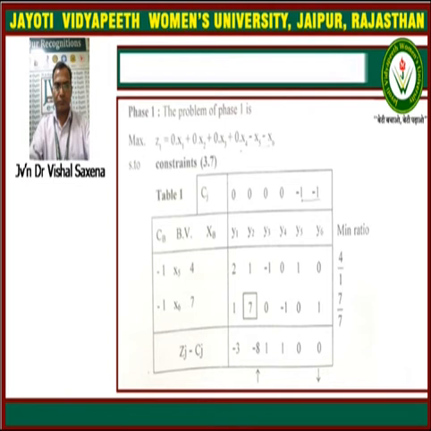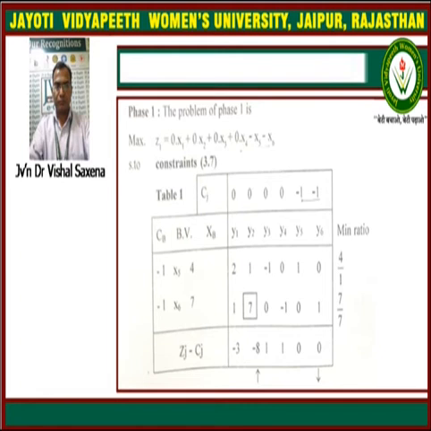And now we start to solve the problem in phase 1, and in phase 1 we can write the problem as maximize z1, suppose z dash, maximum z1 is equal to 0x1 plus 0x2 plus 0x3 plus 0x4 minus x5 minus x6.